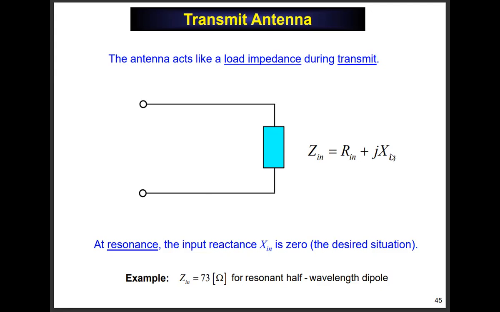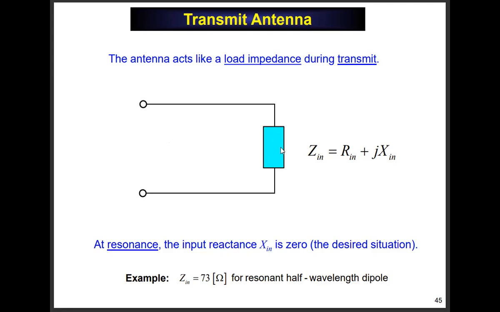Now, usually, in most cases, you want the antenna to be resonant. And by resonance, we mean the imaginary part, the reactance, is zero. So the feeding transmission line sees a pure real load. And not only that, but normally you want the RN value to be equal to the Z0 of the line, right? And I think by now you can appreciate why we want that: you want to see a perfect match, so all the power from the incoming transmission line will get absorbed by the load.